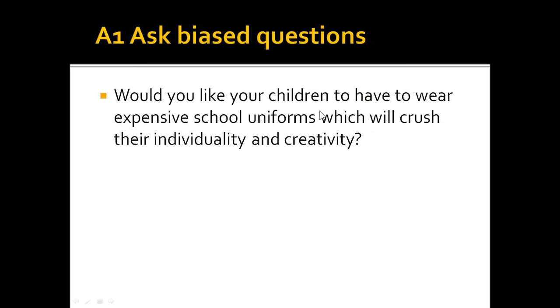For instance, how would you like to have your children wear gorgeous, beautiful, inexpensive uniforms which will ensure that they are not bullied, picked on, and that they don't have to worry about spending lots and lots of money on new clothing, whatever the latest styles are? Just by asking that kind of question, you're going to increase the number of people who say yes. So simply the way the data is gathered and the kind of questions they ask can bias it.